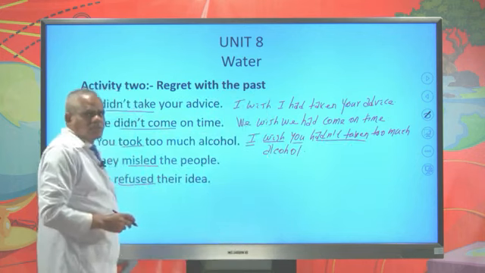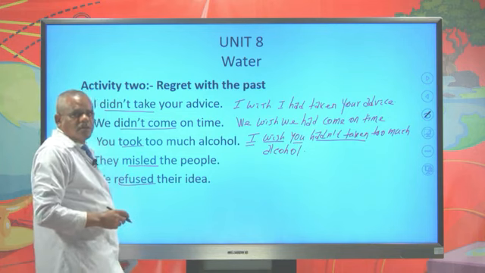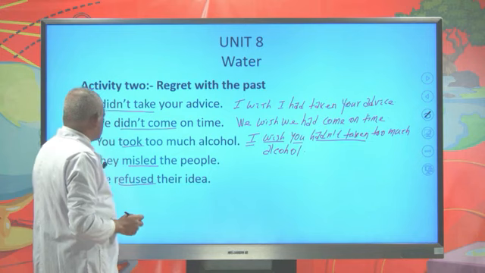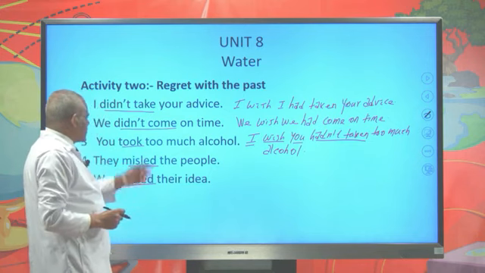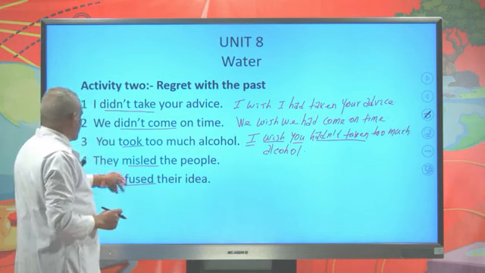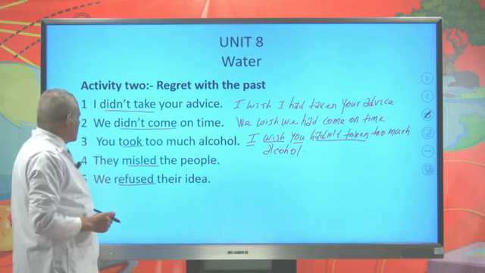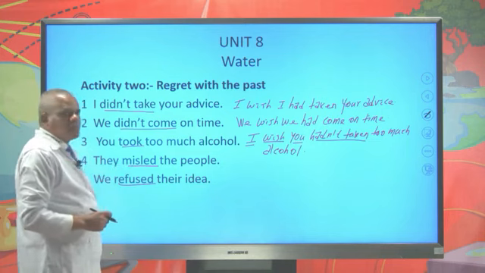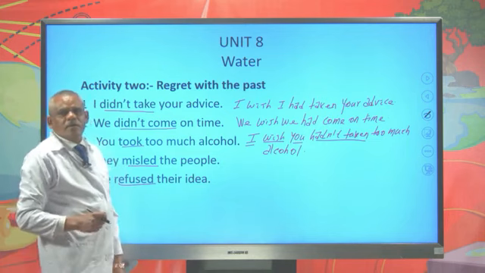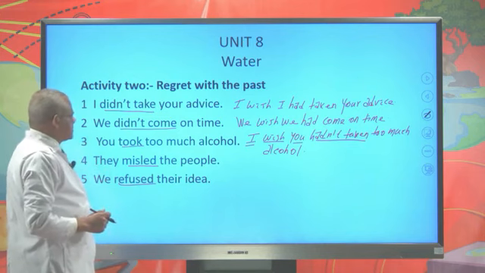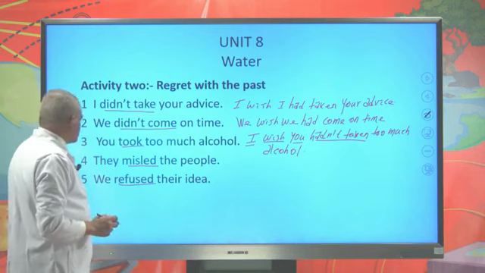In all cases, these structures and forms are available. They mislead the people. Don't forget that these kinds of words are available. It's not always the negative form NOT, but in some cases the verbs like this imply or stand for a negative. Therefore, in what sense do we regret using the wish structure?